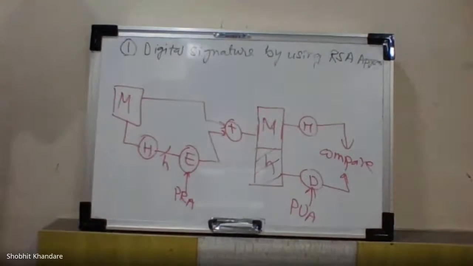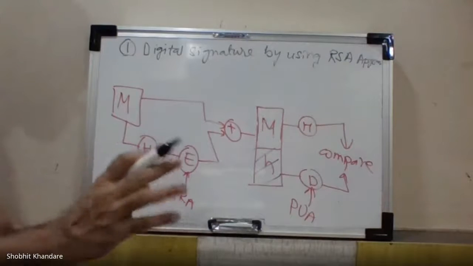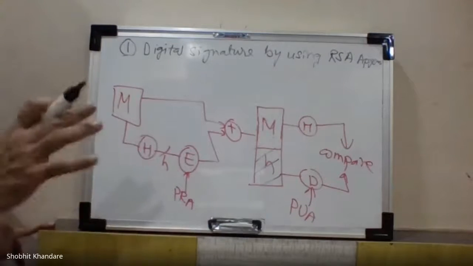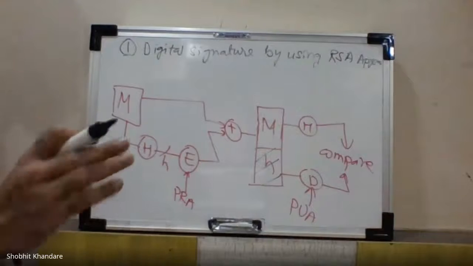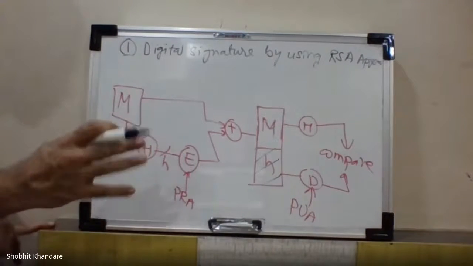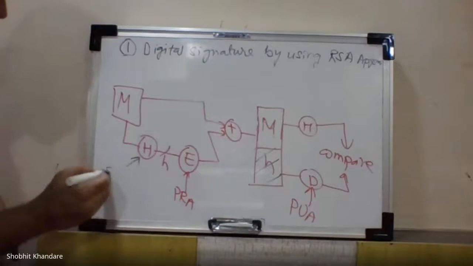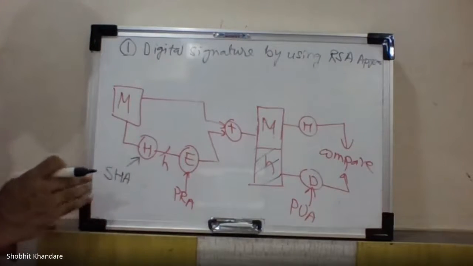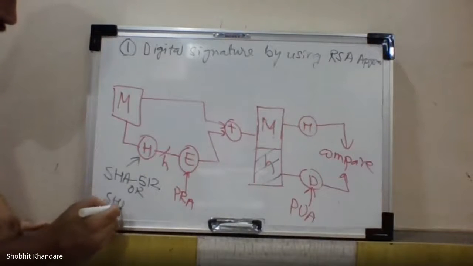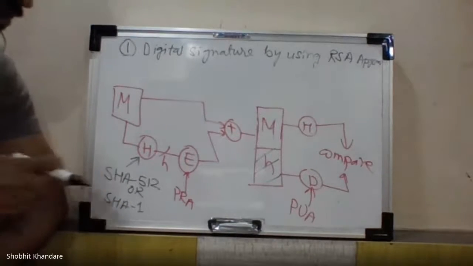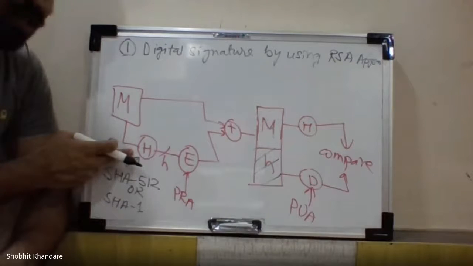I want everyone to pay attention. The addition is this hash function algorithm. So far we have not studied which algorithms are used for hash functions. After digital signature I am going to explain that. We have only seen what a hash function is, but we haven't seen what the different algorithms used for creating the hash code are. So as far as the hash function is concerned, you can use either SHA-512 or SHA-1.